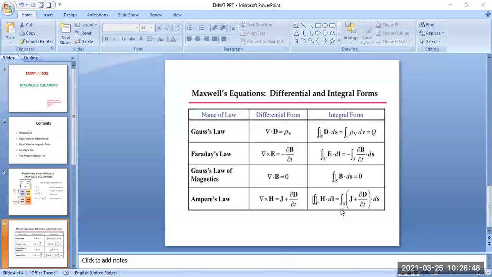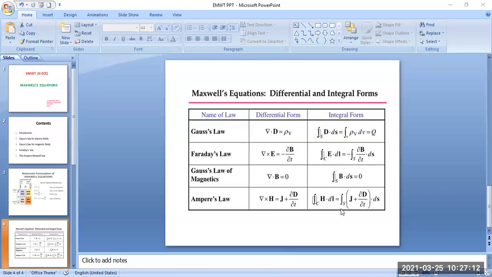So sigma by omega epsilon greater than 1 means sigma is greater than omega epsilon. So that acts as a good conductor or perfect conductor. We can apply this condition to the good conductor, and we get the Maxwell's equations for good conductors.